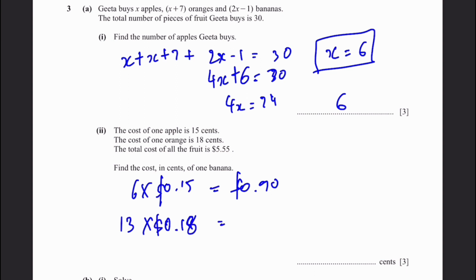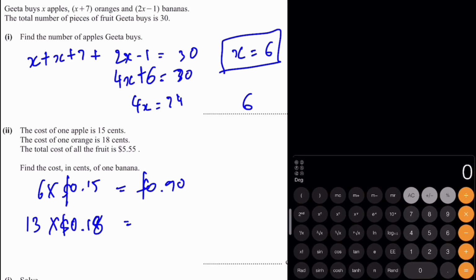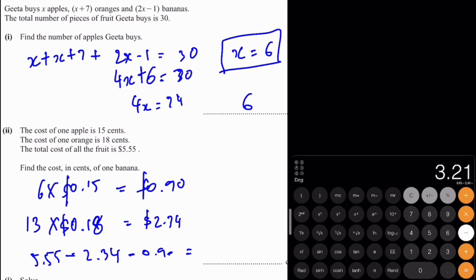Choose a calculator. $2.34. Now we can do 5.55 minus 2.34 minus 0.90. We can do that. 5.55 minus 2.34 minus 0.90. We get $2.31.